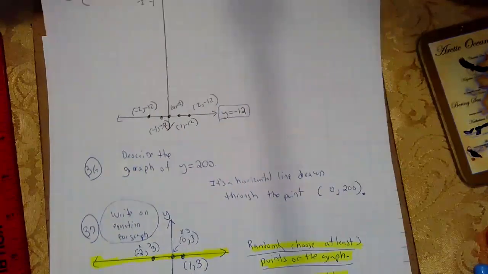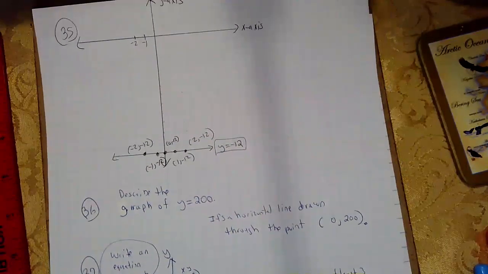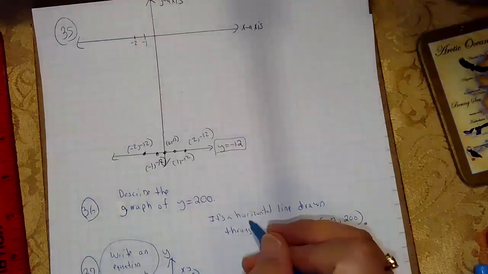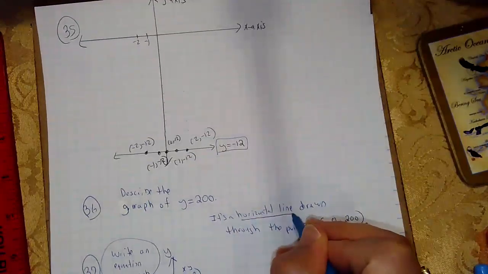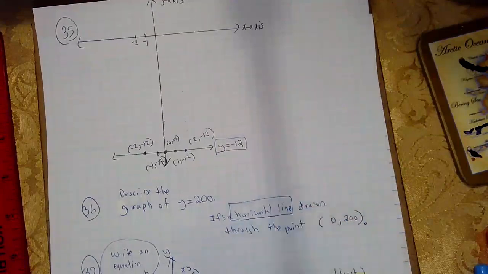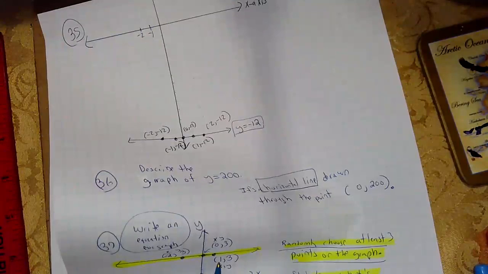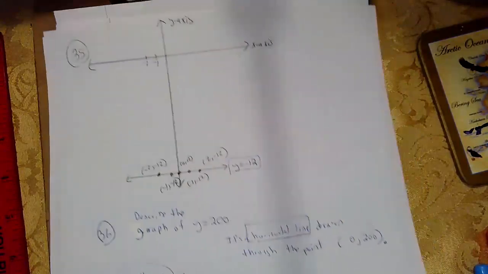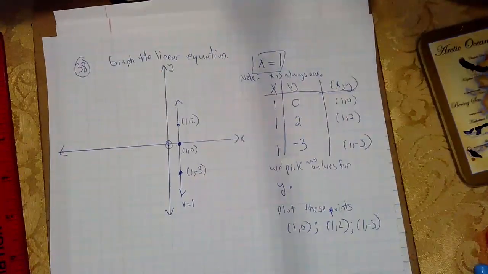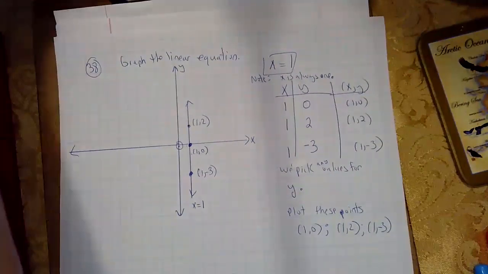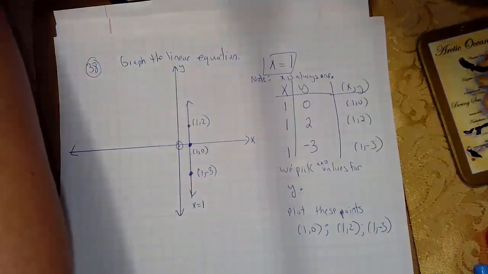Just choose the correct answer, describe the graph. Y equals 200, so we have it as a horizontal line. This is also a horizontal line, y equals 3. And then 38, graph that line.